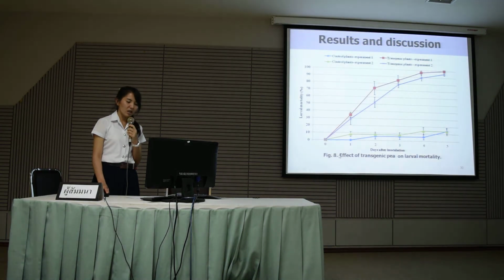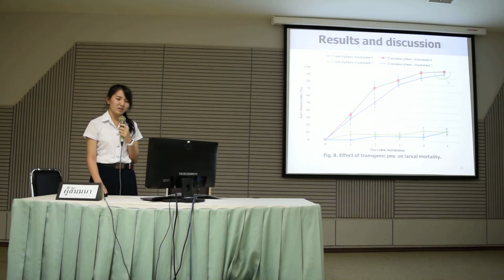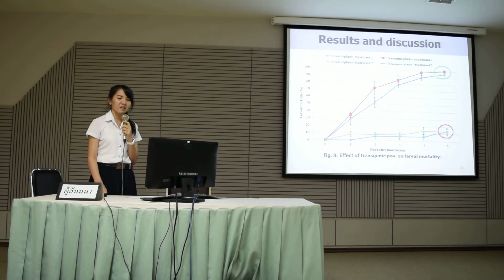This graph shows larvae mortality of about 100% in the first experiment and 85% in the second experiment, and about 15% on non-transgenic P.